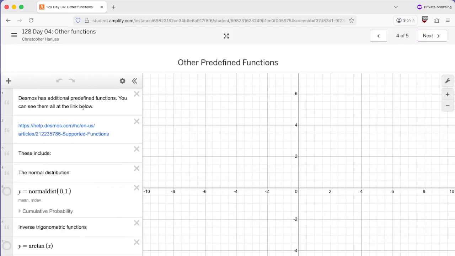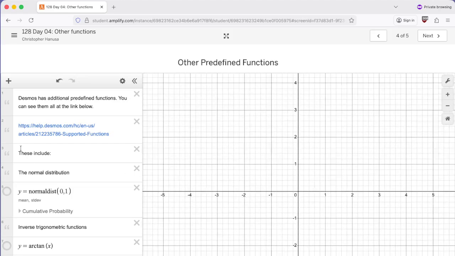Okay, there are other fun functions too that might be of interest to you that you want to play with. We've got the normal distribution. This is a function from probability. It represents the way that many different properties of natural phenomena occur, like height of the population, lots of different ways to do that.